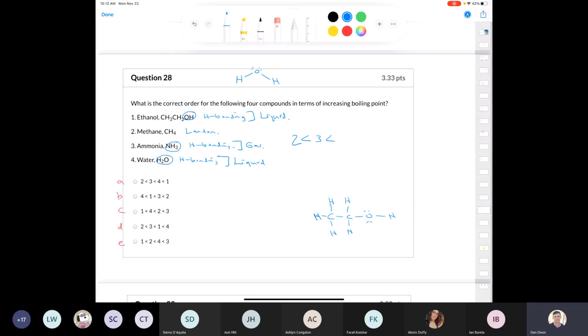You've got 2 lone pairs that are capable of hydrogen bonding, but only this hydrogen is capable of hydrogen bonding. These hydrogens over here cannot participate in hydrogen bonding because they're not bound to an oxygen. And so since water maximizes its hydrogen bonding potential, water is going to have the highest boiling point of all, and then ethanol is going to be down here. So it's 2, 3, 1, 4, like that.